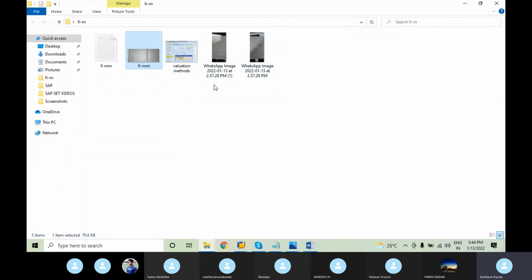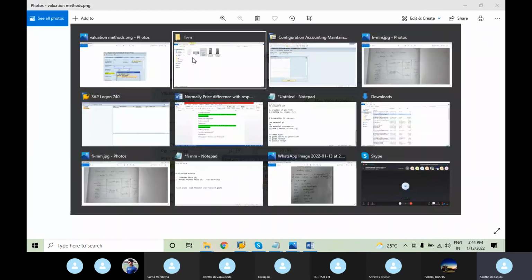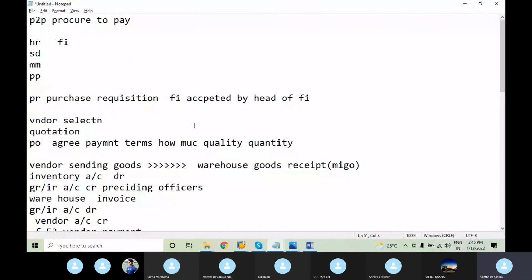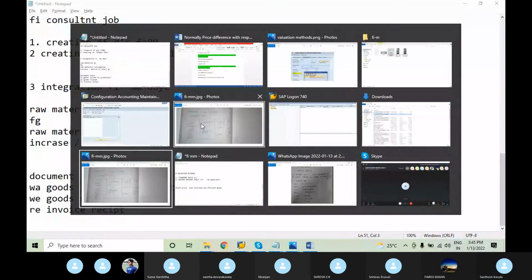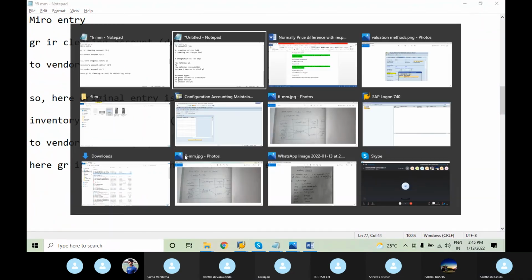Price difference is an important concept, and it is one of the interview questions.